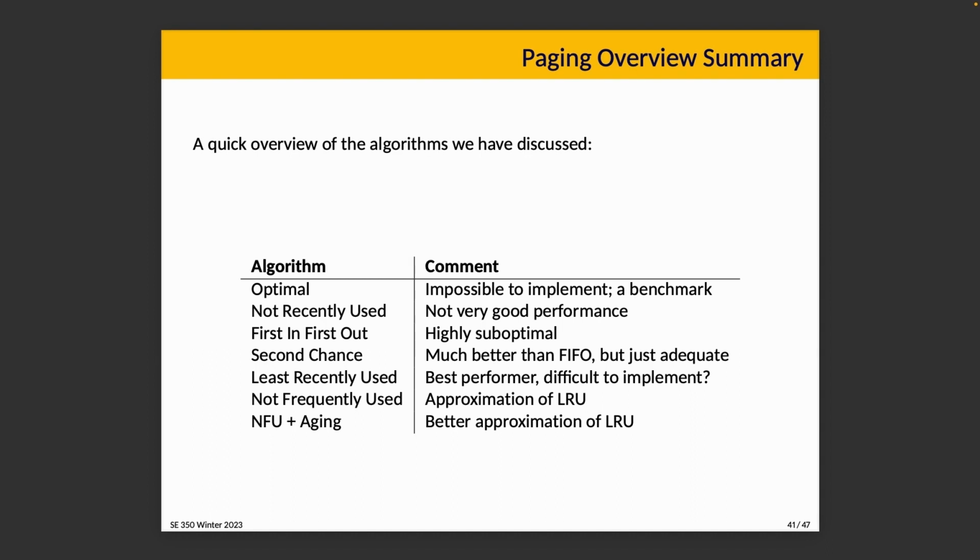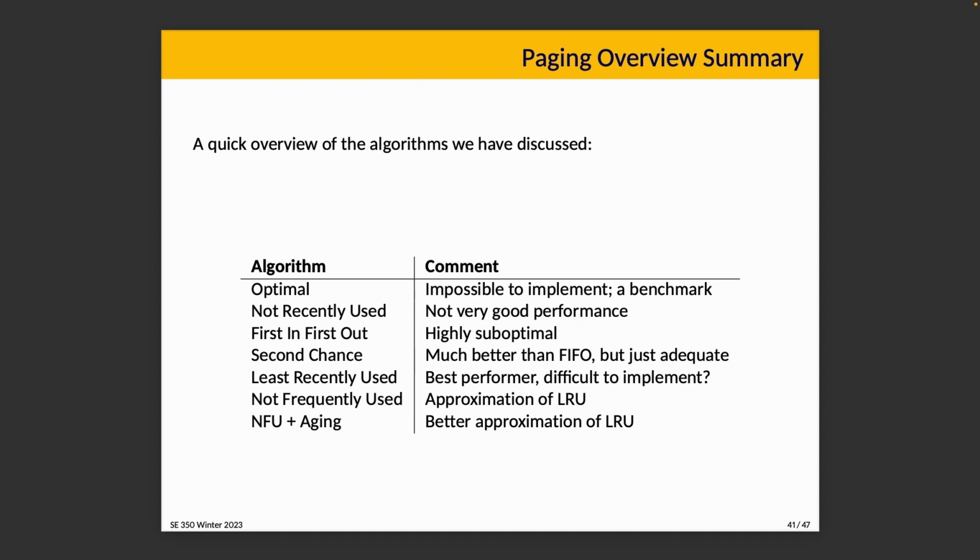First in, first out is the kind of thing that Professor Harder would describe as highly suboptimal. The second chance algorithm is better than first in, first out, just adequate. Least recently used is the best performer, but it's difficult to implement. Why? Because it works best if there's hardware to support it. If not, then, well, the not frequently used with aging is the best approximation that we can get.